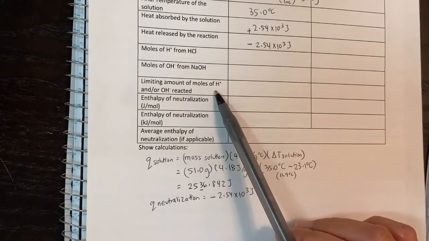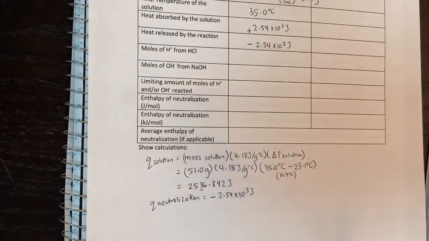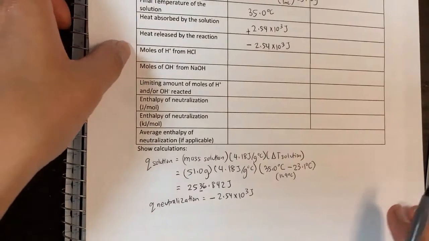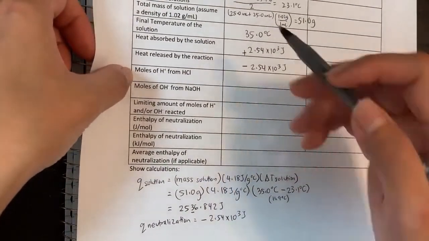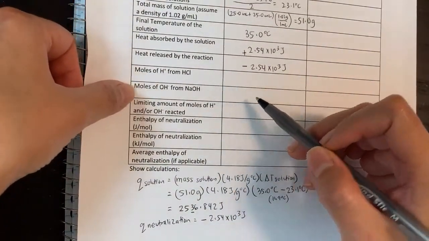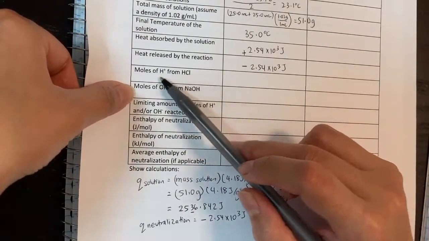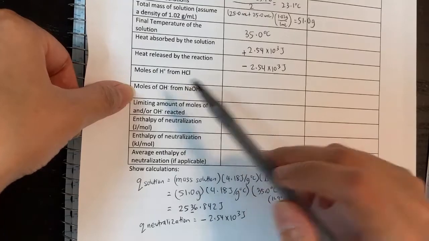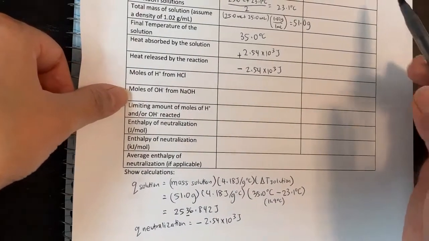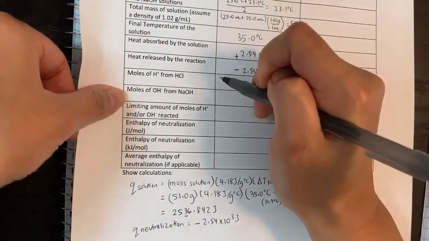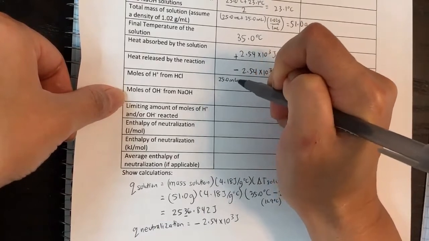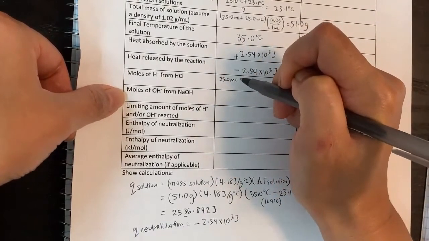So how do you find moles? Well, the molarity of the solution is 2 moles per liter. To get the moles, you have to use the volume of the HCl and the volume of NaOH, okay? So 1 mole of HCl gives 1 mole of H, 1 mole NaOH gives 1 mole of OH. So you can literally just use the molarity of HCl and NaOH. So you would take 25.0 mL. In my case, I had 25.